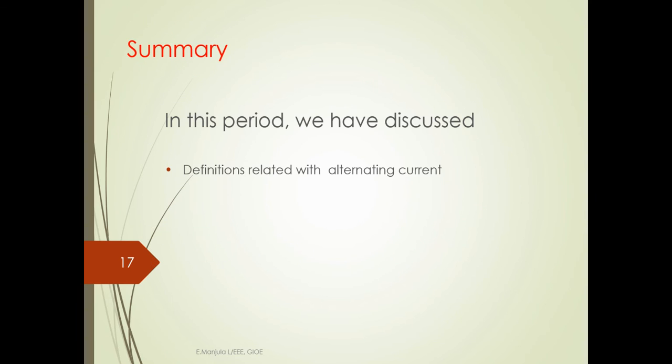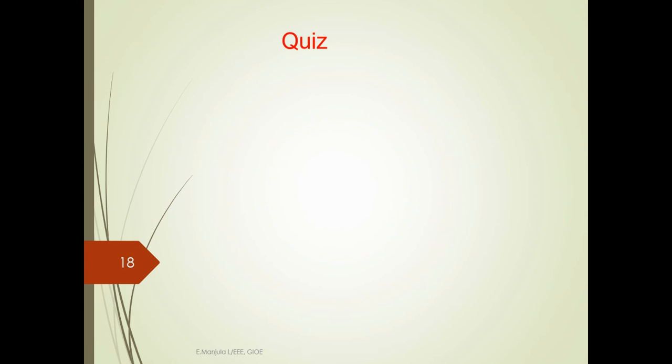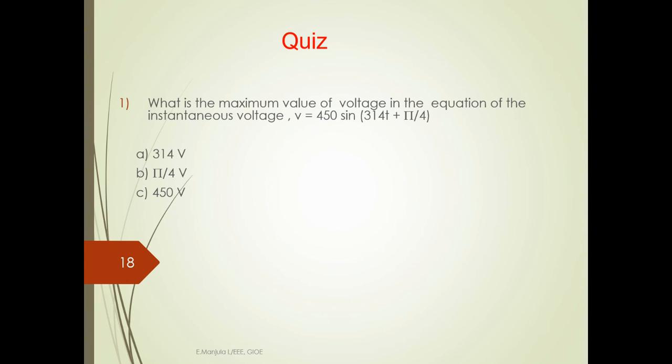In this session we have discussed the definitions related to alternating current and some problems where these definitions were involved. Now we will see some quiz points.